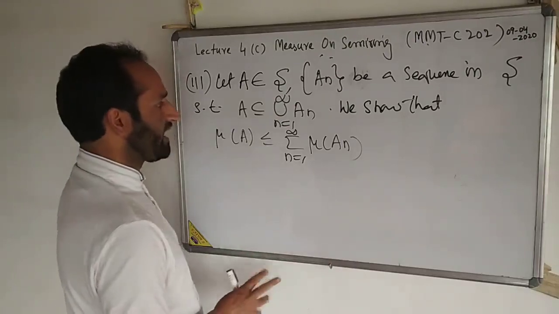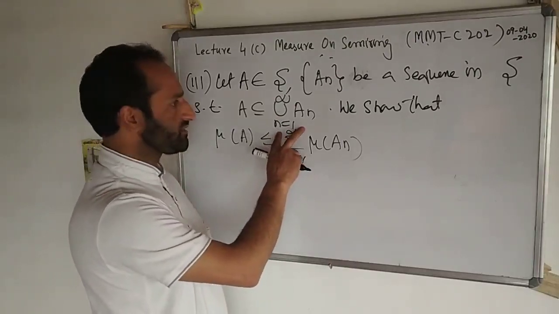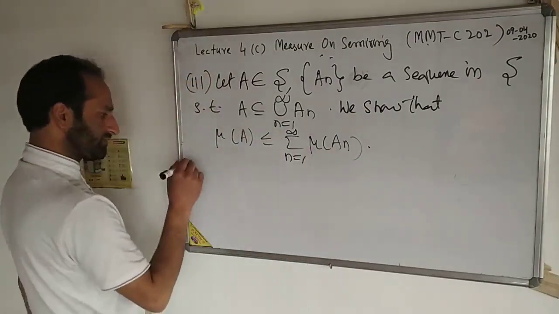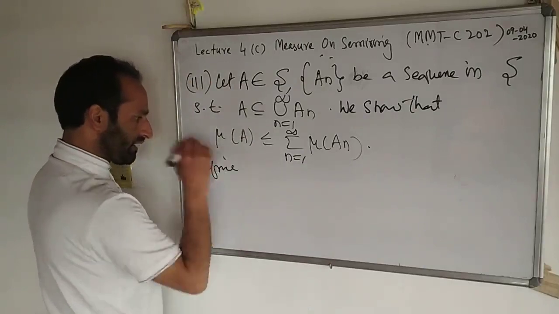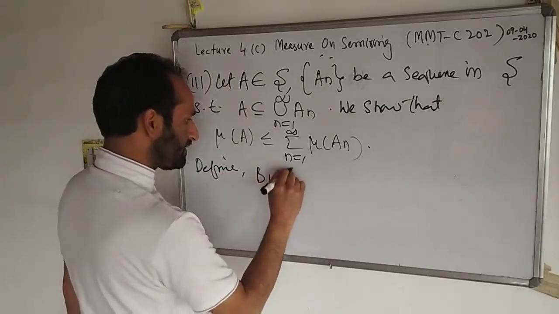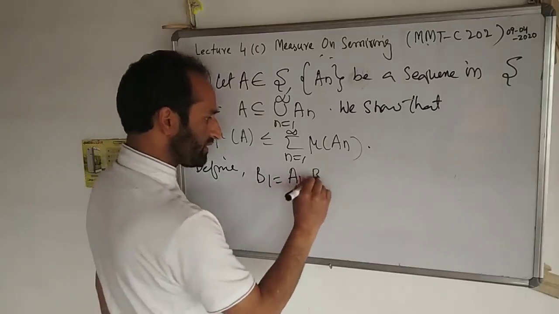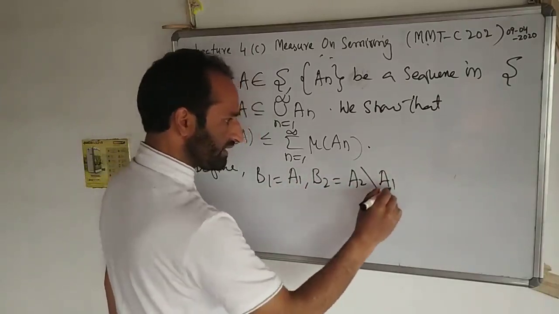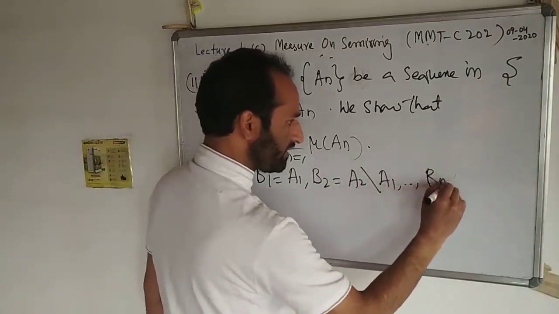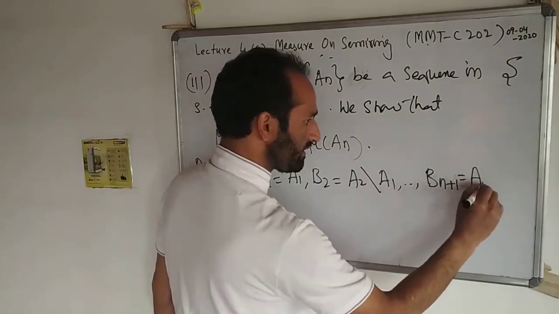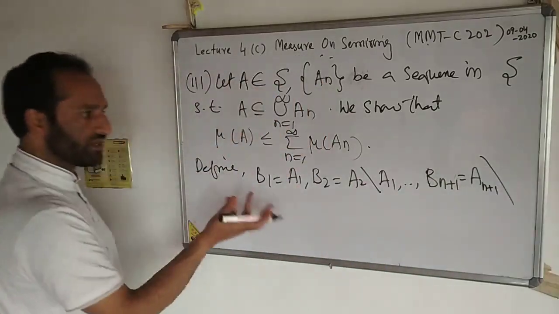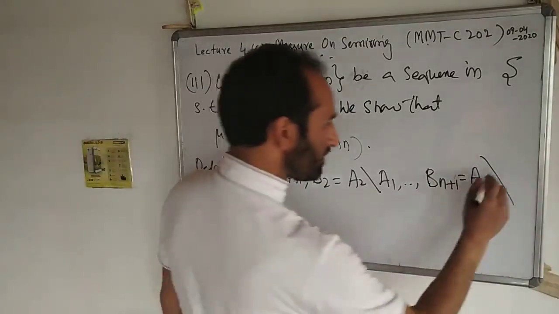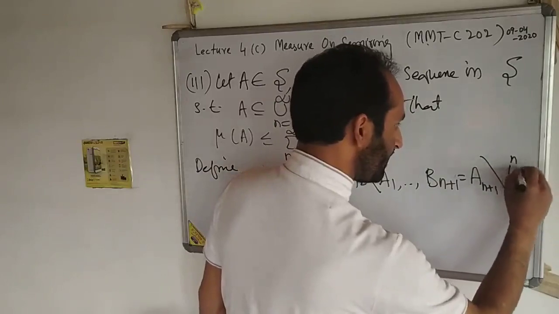We express this union as a disjoint union of members of S by defining the following sets. Define B1 is equal to A1. B2 is equal to A2 minus A1, and in general Bn plus 1 is equal to An plus 1 minus the union of the sets A1, A2, ..., An, that is, the union of Ai, i runs from 1 to n.